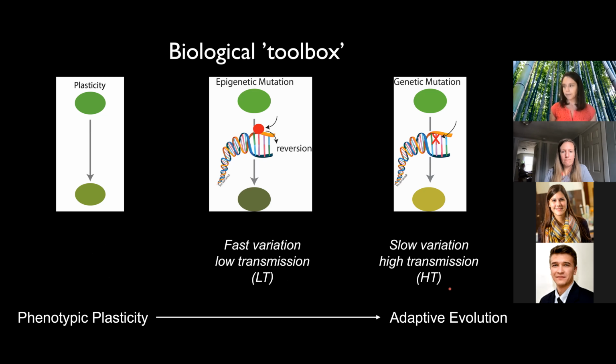And so for this study, we're going to consider both these typical genetic modifications, and I'm going to use shorthand. I'll also try to say genetic or HT for high transmission, which means if your parent has it, you have it, versus these epigenetic type modifications, which because they're reversible, if your parent has it, you may or may not have it. You might lose it.